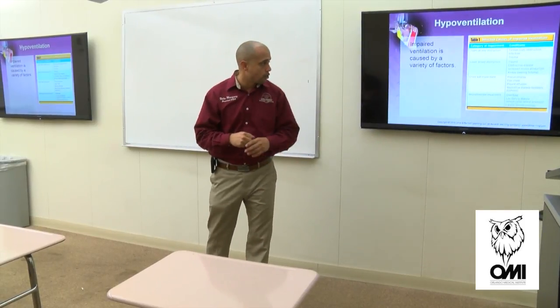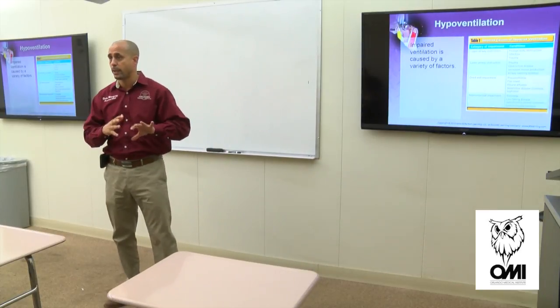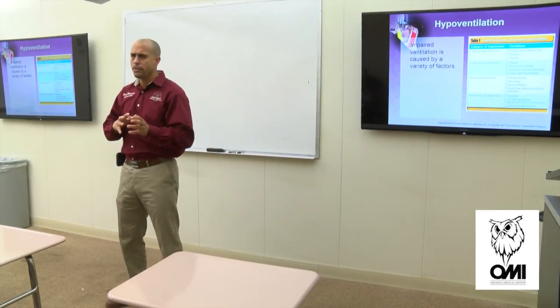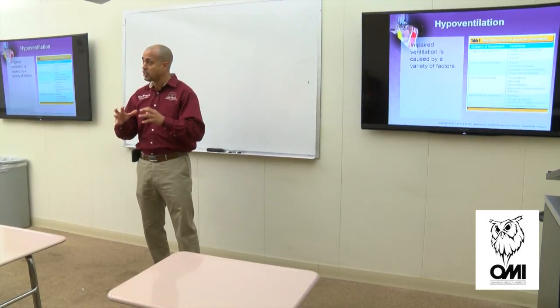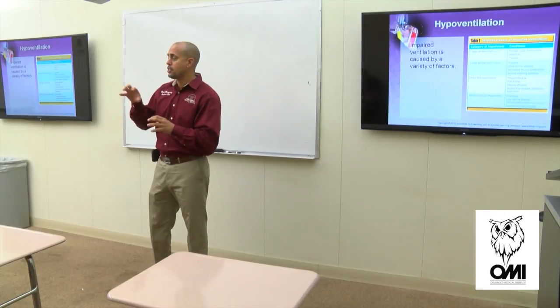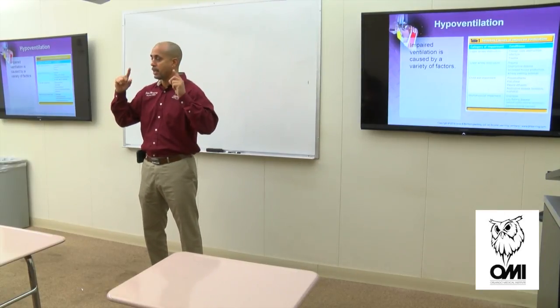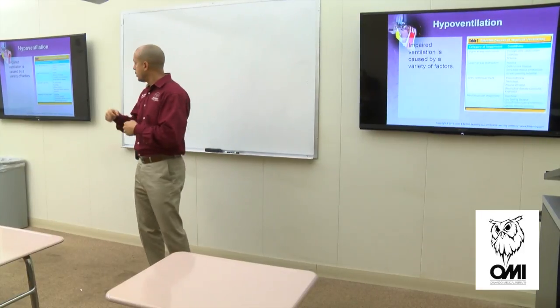And then the other ones we're going to talk about as well, Lou Gehrig's, and not only Lou Gehrig's, we've got Guillain-Barré. We've got a bunch of other neurological diseases we're going to talk about when we get into neurology that impair the diaphragm, because all those neurological diseases affect the neural pathway that goes from the brain to the diaphragm to contract. Lou Gehrig's is one.